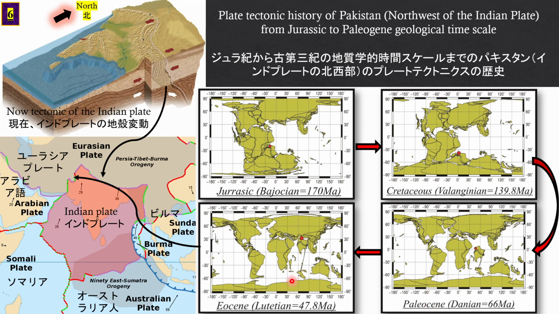In the Eocene, it collided with the Eurasian plate and started the Himalayas and the Siwalik rocks, which are fluvial deposits.